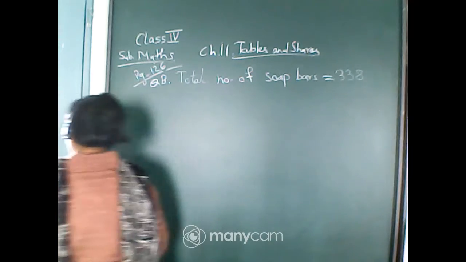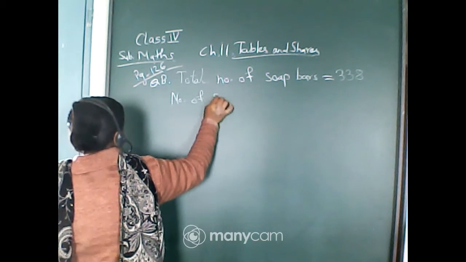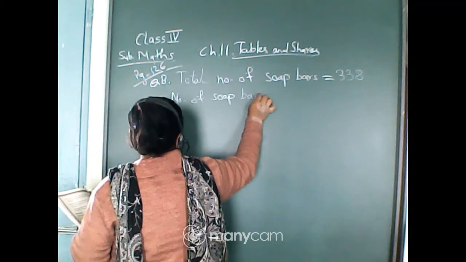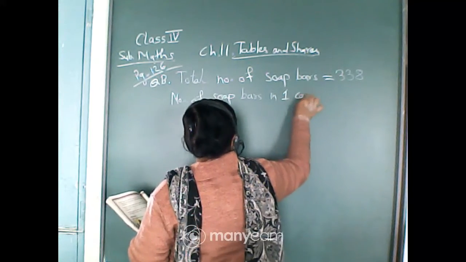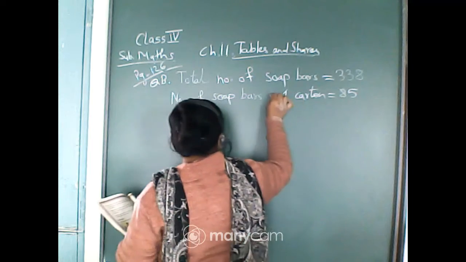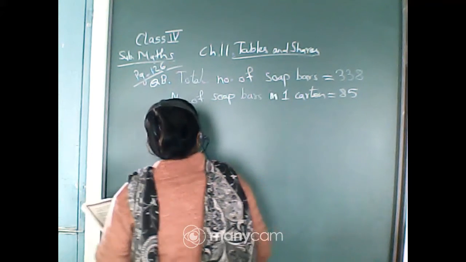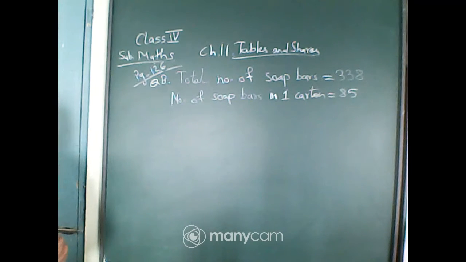Then number of soap bars in one carton is equal to 85. See, it is not mandatory that whatever statement I am writing, you will write the same statement. You can write your own statement also. Okay.